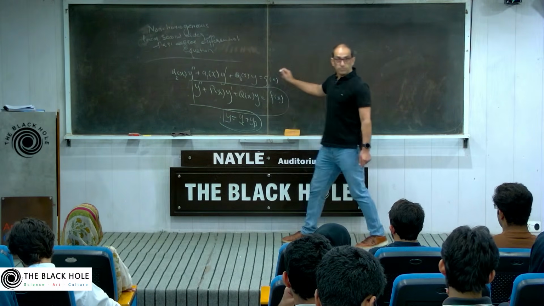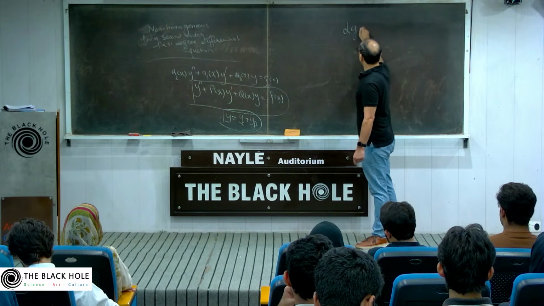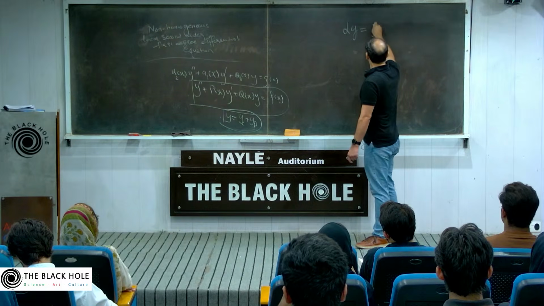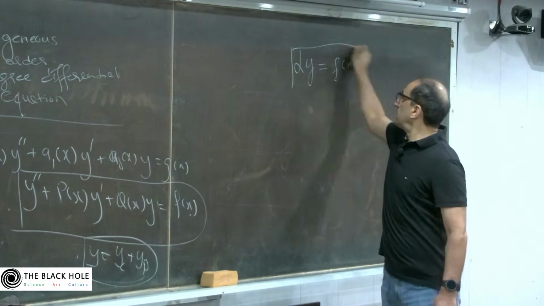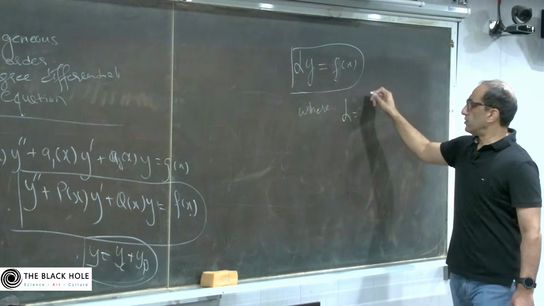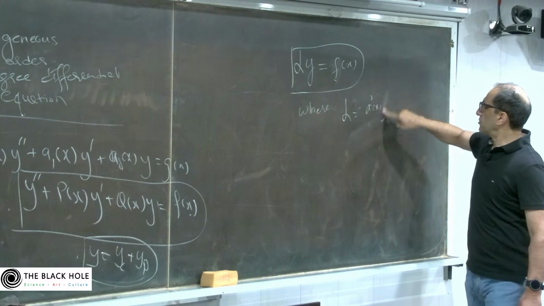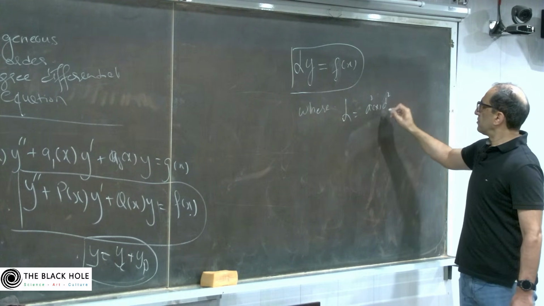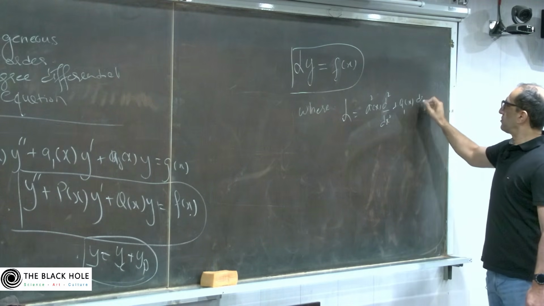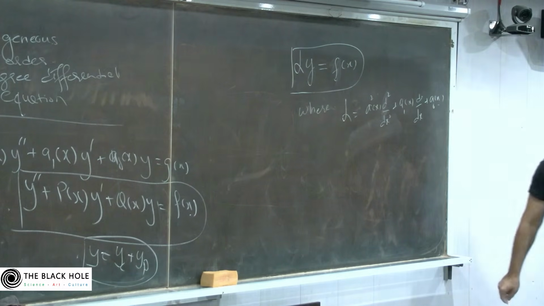So I guess you know that I can write this thing as L of y is equal to, let's say, f of x, where L is equal to, right?